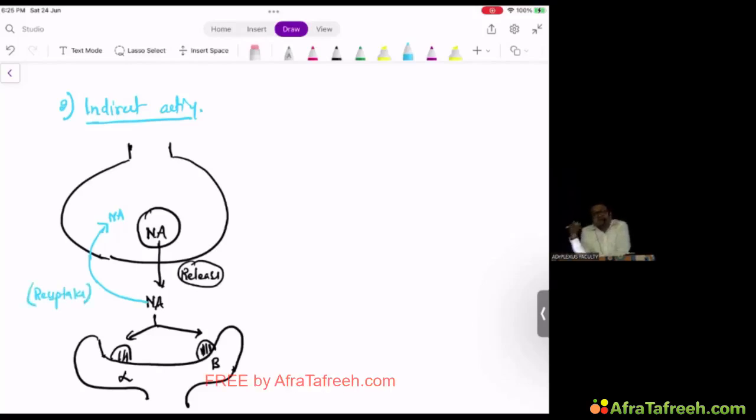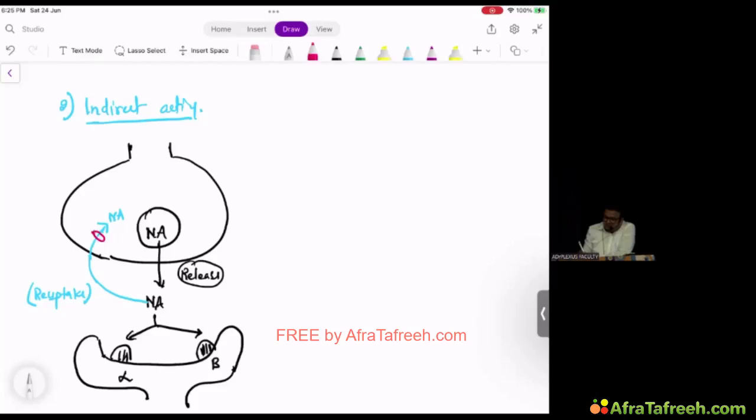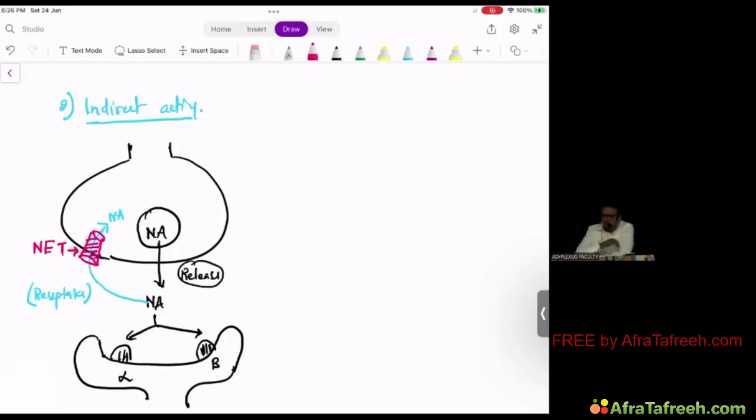So the action of NA is terminated by reuptake. For reuptake, there is a protein involved through which NA goes back into the neuron. This protein is called the norepinephrine transporter, NET.